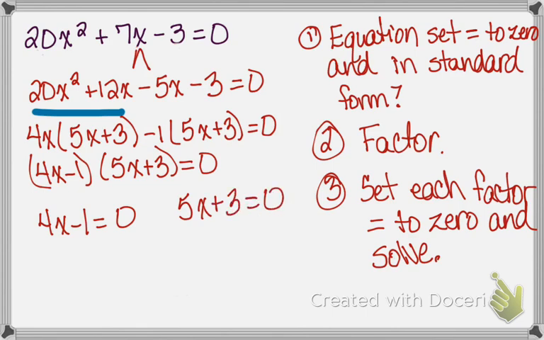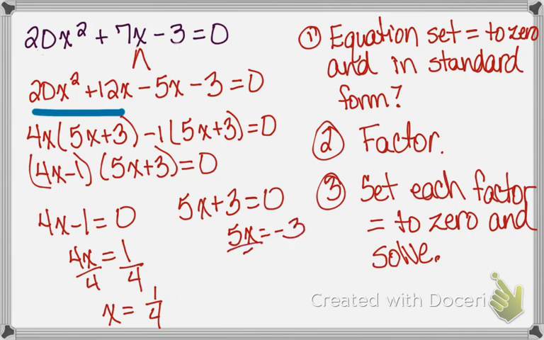So 4x equals 1, I divide both sides by 4, and I get x equals 1/4. 5x equals -3. Divide both sides by 5. X equals -3/5.